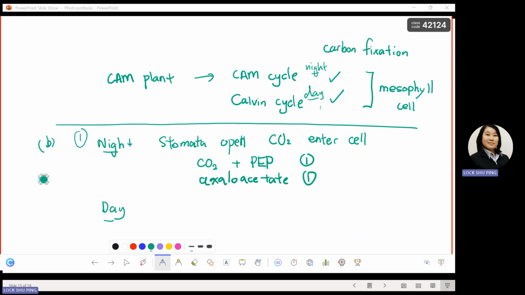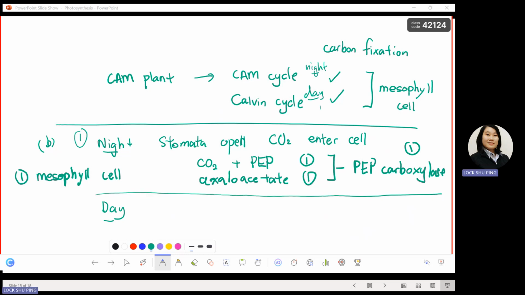So this happens at the mesophyll cell, 1 mark. Okay, and this process is helped by PEP carboxylase, 1 mark. Okay, so this is the part of the carbon fixation during night.